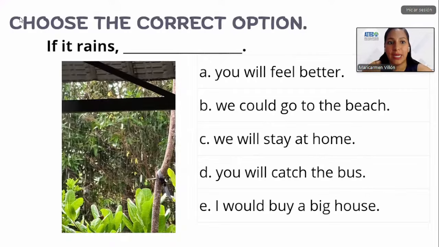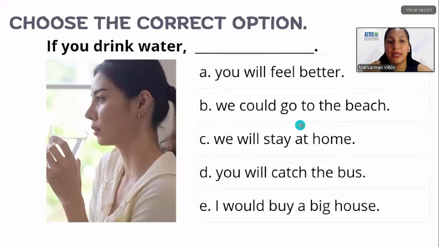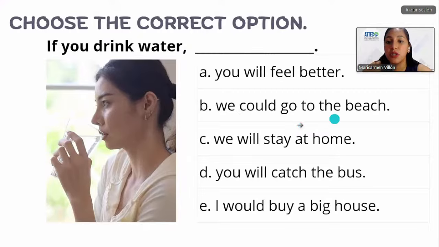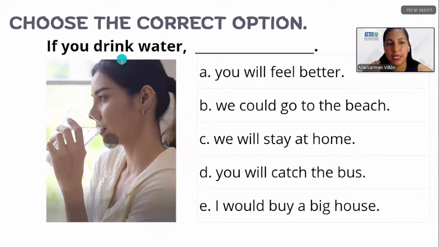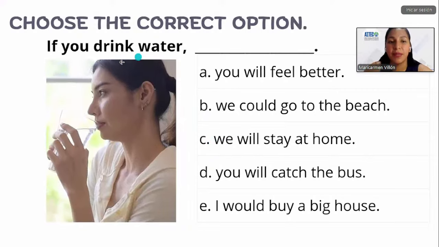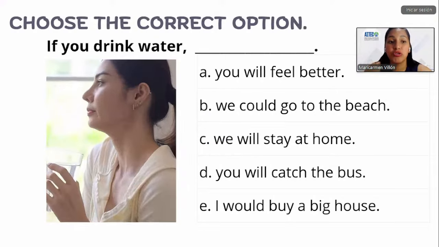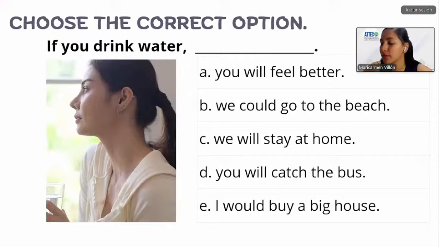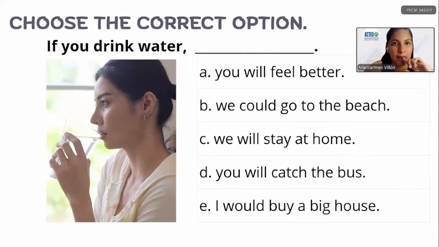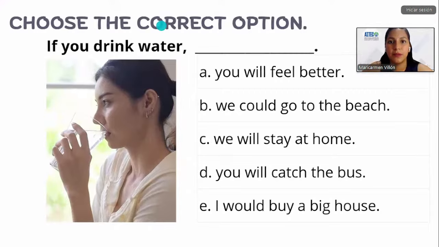Pues. Okay. Next one. What about here? If you drink water, what do you think it is? If you drink water, si usted bebe agua, if you drink water, which one? Letter A, B, C, D, or E? What do you think it is, my friends?